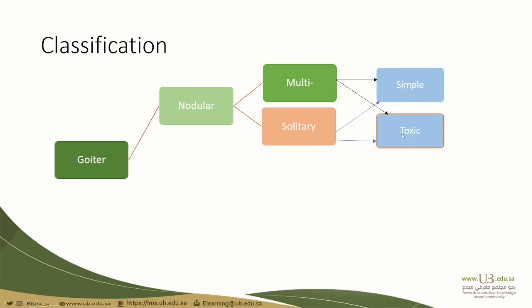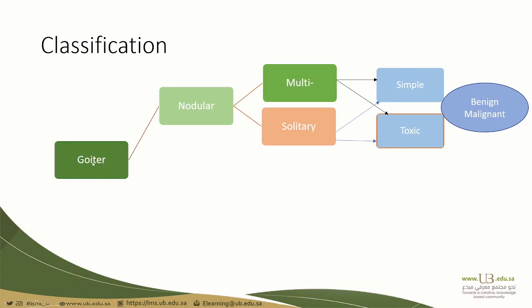Toxic means that this nodule or one of these nodules or more than one of them is secreting more than body requirements for thyroid hormone. Both of them, either simple or toxic, either it is multi or solitary, it can be benign and it can be malignant.